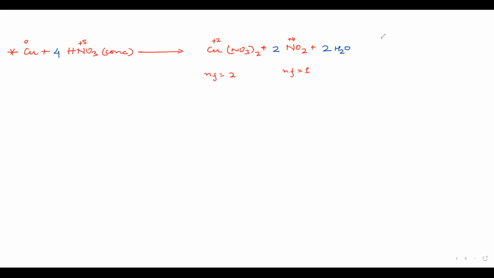The next reaction is with copper plus dilute HNO3. If you have dilute HNO3, what will you get here? You will get again copper nitrate only, Cu(NO3)2, plus, yes, Nazira, now tell me, plus what, Nazira?